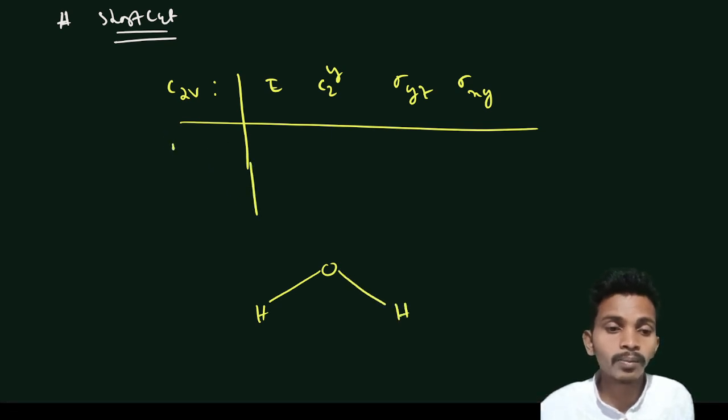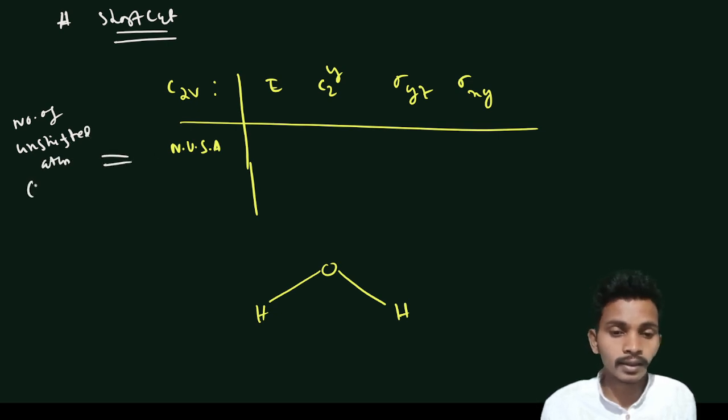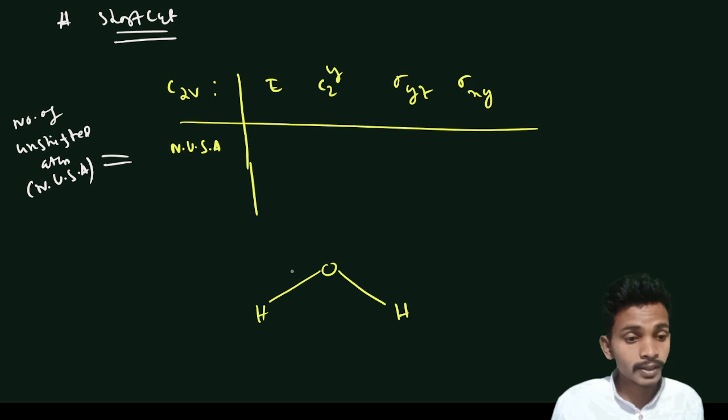Here first we find the number of unshifted atoms, that is, we can say Na.